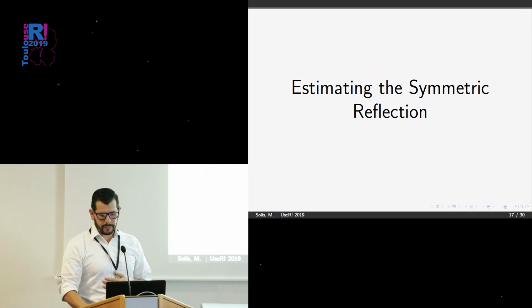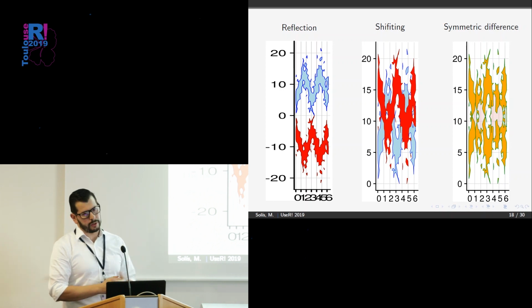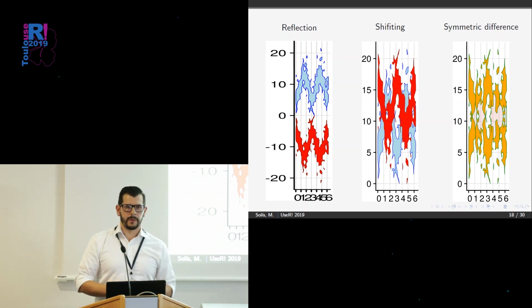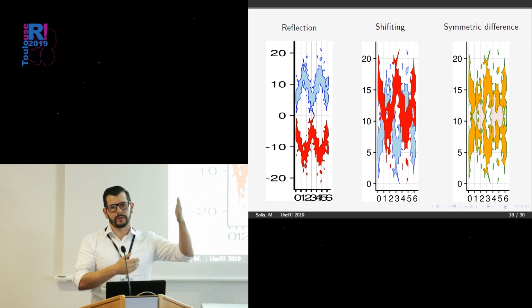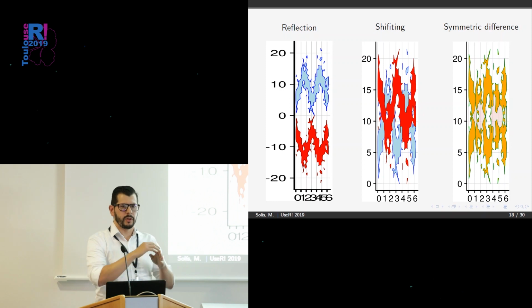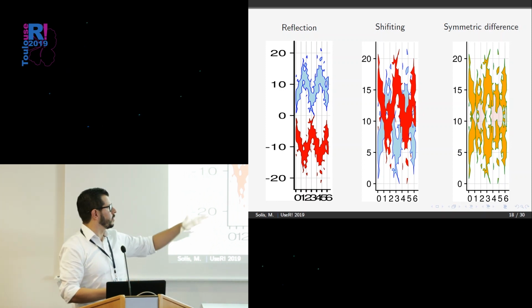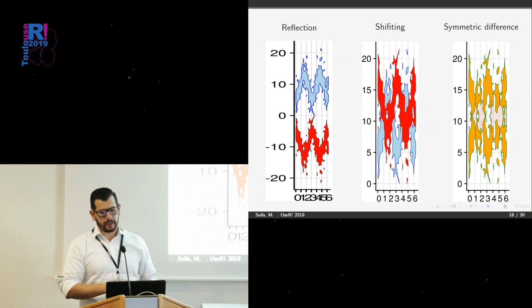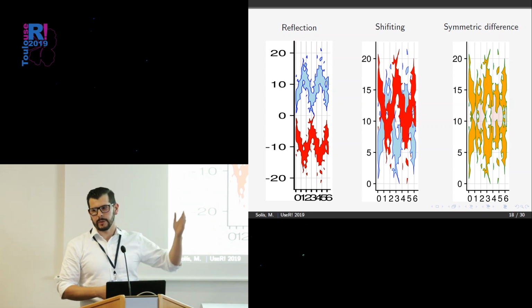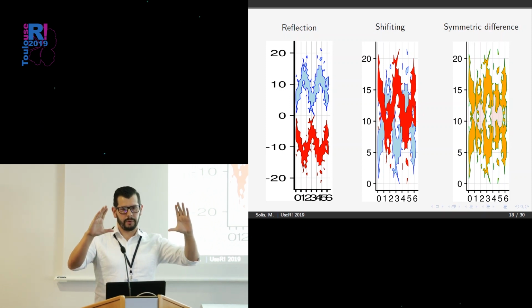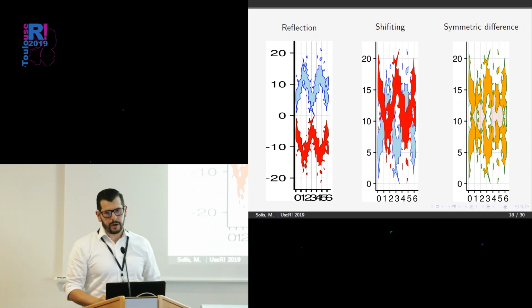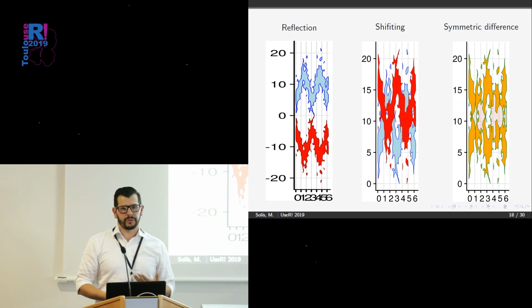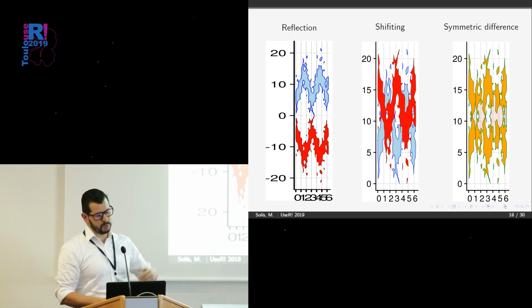For the symmetric difference, this is a procedure with 3 steps. First, the reflection: we take the original object and create a copy of this object reflected over the third quadrant. Then we have to shift this object over the same plane onto the original polygon, and the last step is to create a symmetric difference of these two objects.